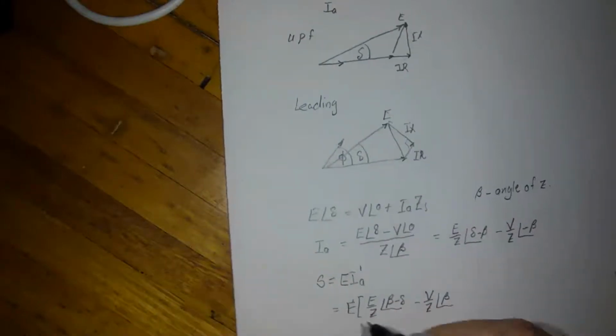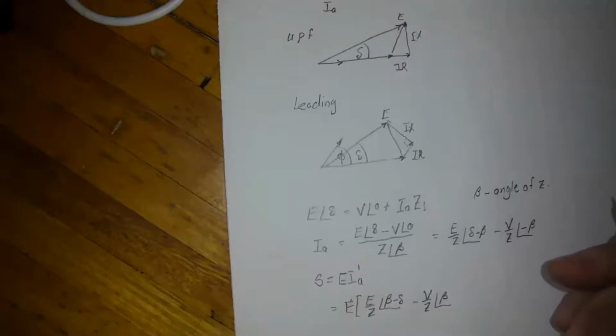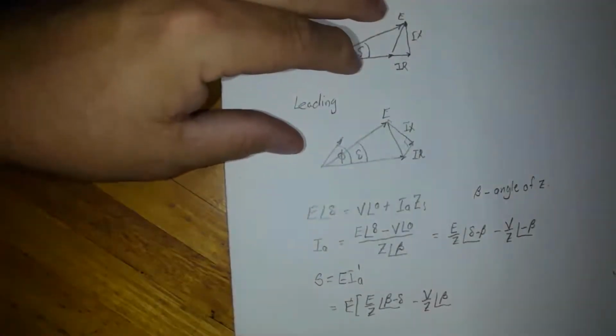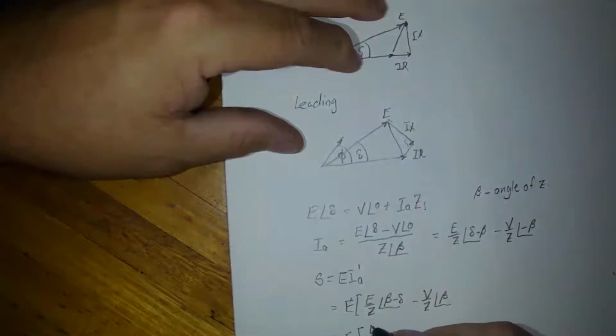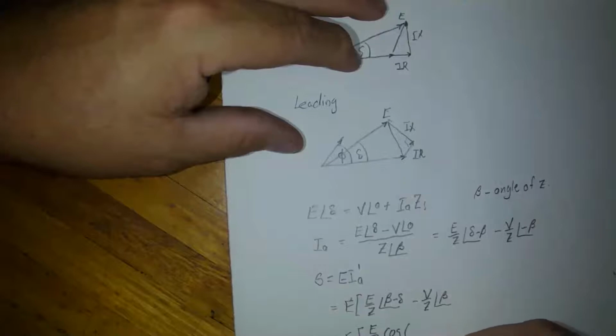So the developed power has always got to do with E. So here we can say that it is E into E over Z cos of beta minus delta, minus V over Z cos beta.